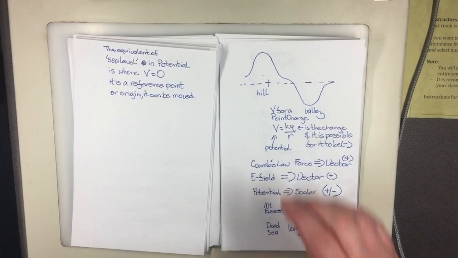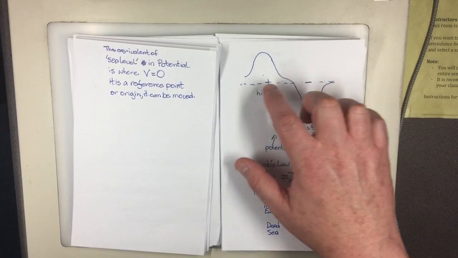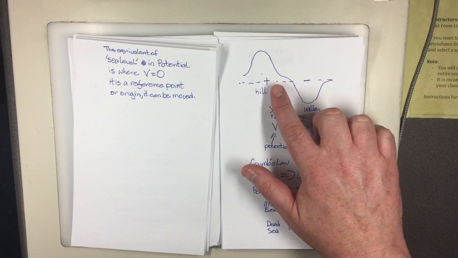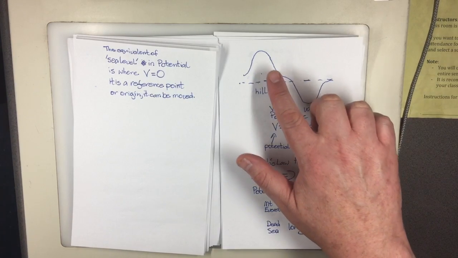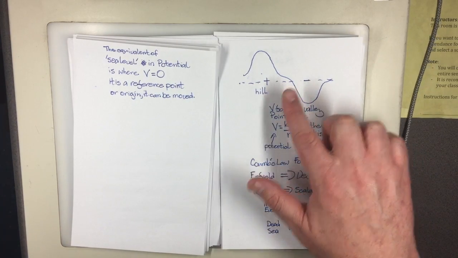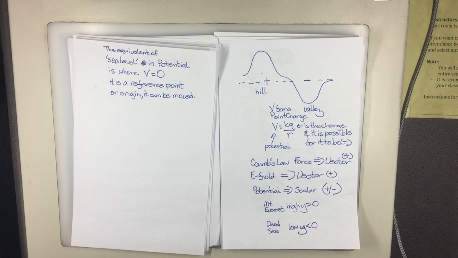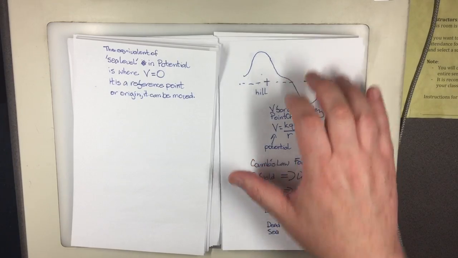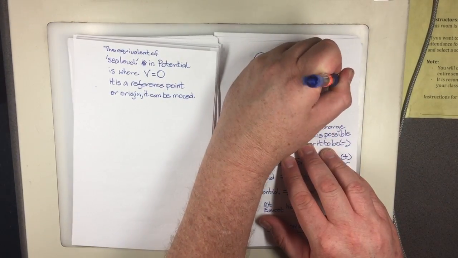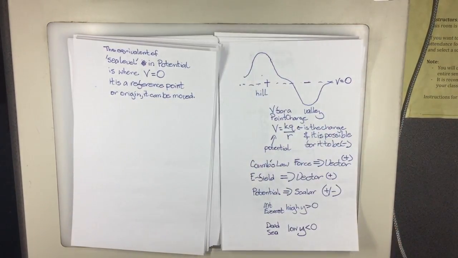Now, typically with a hill and a valley, if you've got a high point and a low point, you could set your reference point to be in all sorts of places, but typically what we do is set the reference point to be where potential is 0. And we treat that kind of like our sea level.